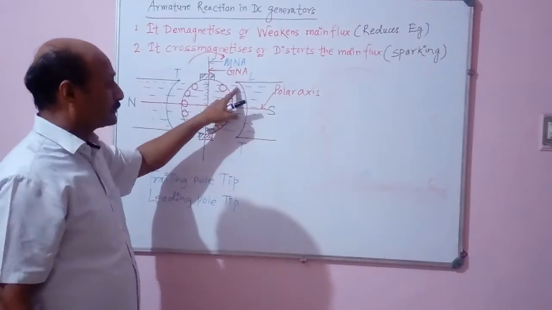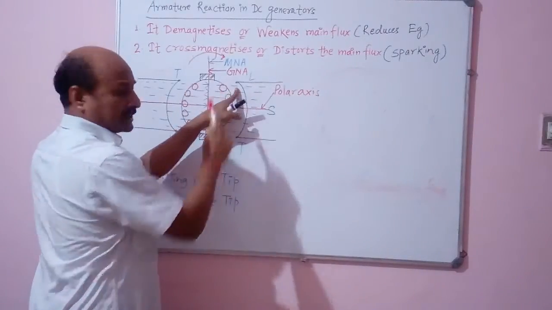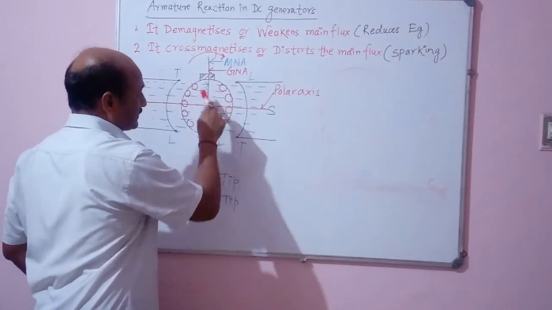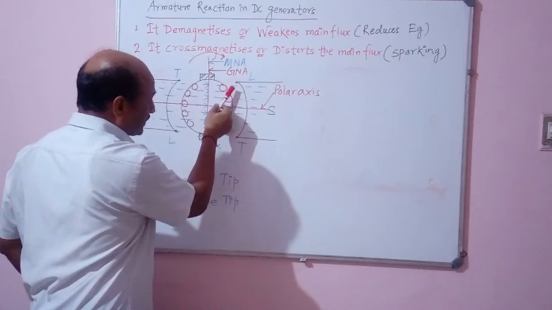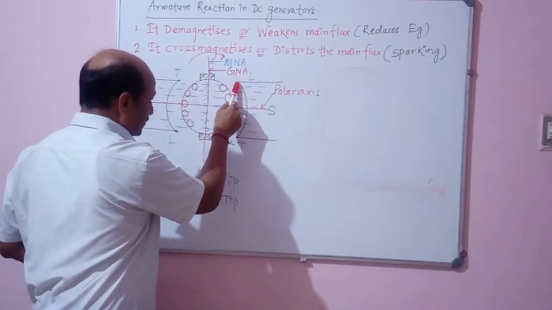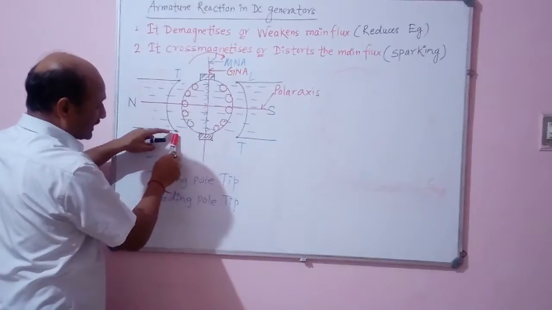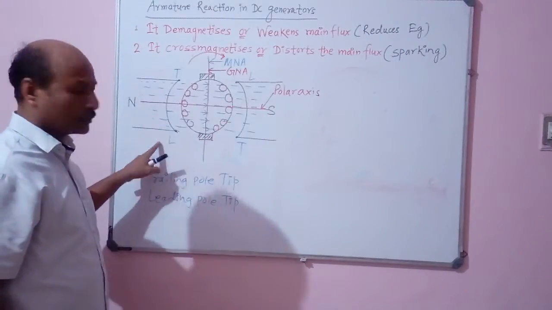The pole tip which the armature meets first in the direction of rotation. Here the direction of rotation is clockwise. That's why, whenever the armature starts rotating, it meets the first pole tip and similarly the second pole tip. That's why these two are the leading pole tips.